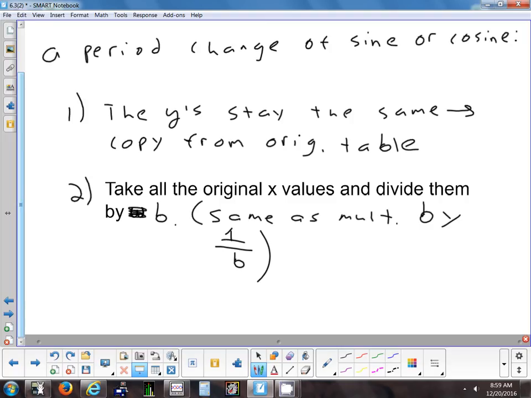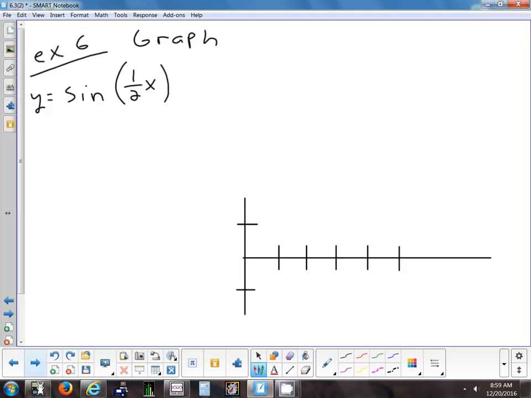All right, so let's try a couple examples. So in this problem, it doesn't ask for the period, but if I did, well, what's the period of this? It's 4 pi.